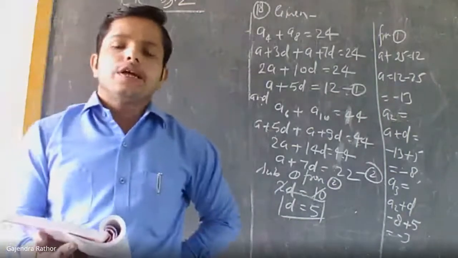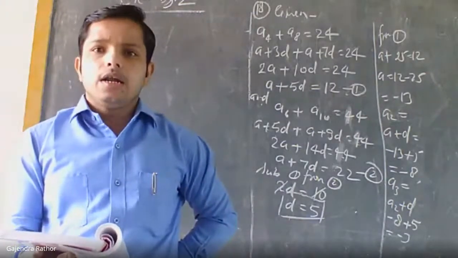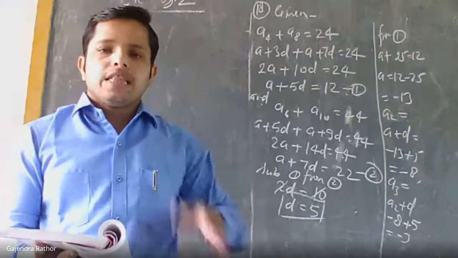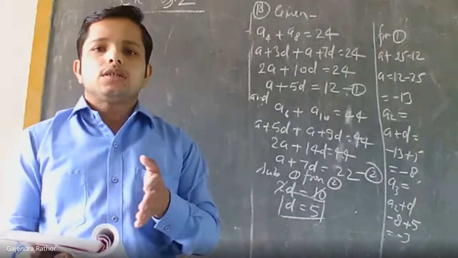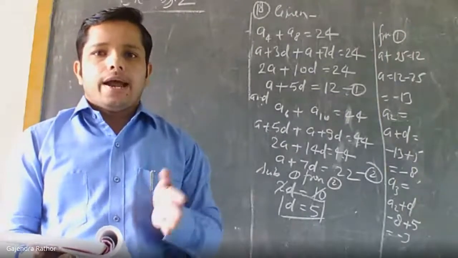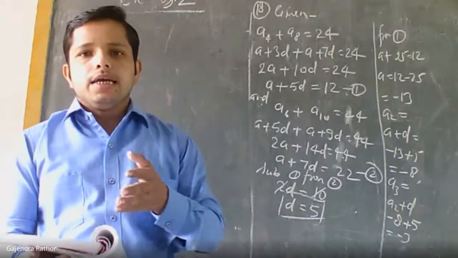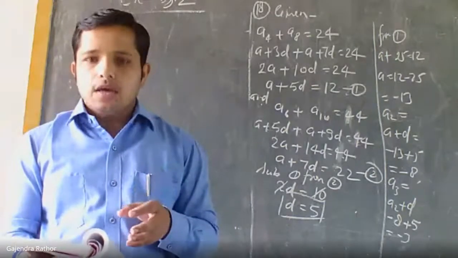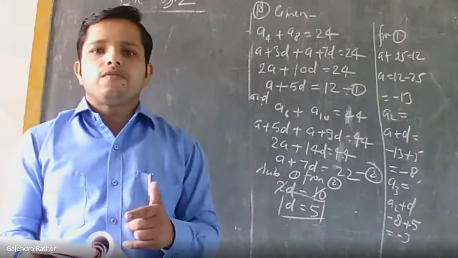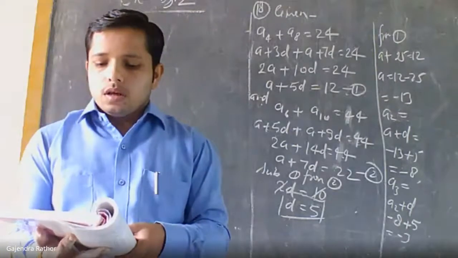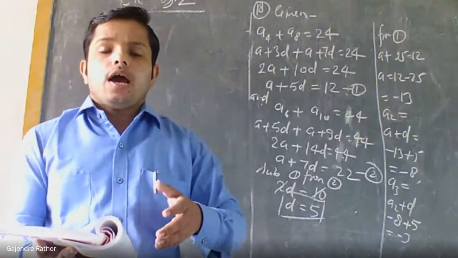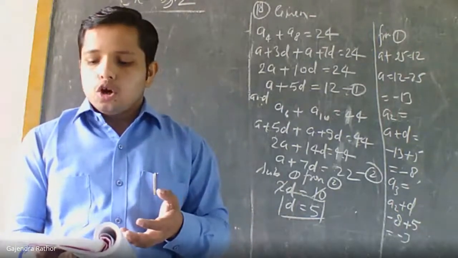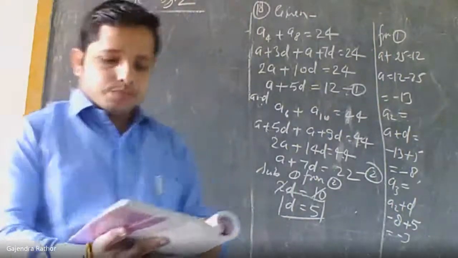So in this question there is a lady, Ramkali. She saves rupees 5 in the first week and after every week she increases her savings by rupees 1.75. So we have to find in how many weeks her saving will become 20.75.